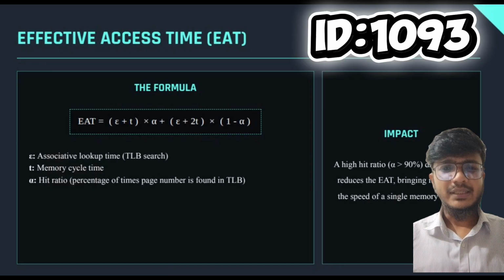If the hit ratio is high, like above 90%, our memory access time decreases significantly, making the system faster. However, if a miss occurs, the system has to access the RAM, which takes twice as much time. Therefore, the performance of the TLB relies heavily on the hit ratio.